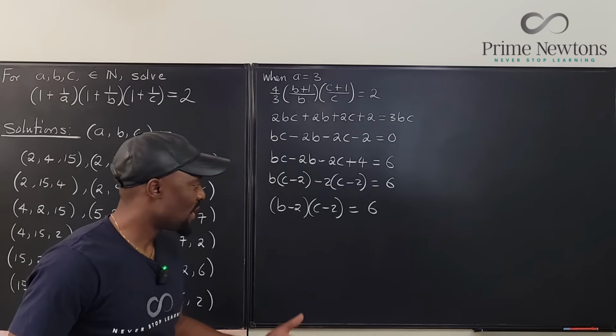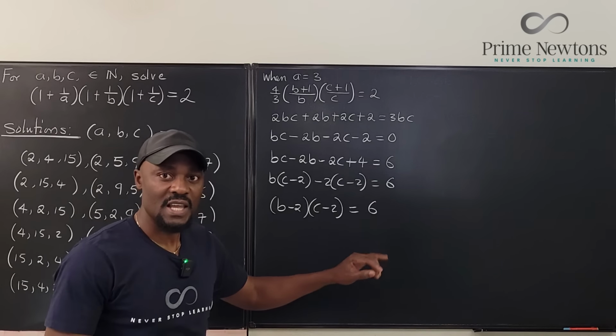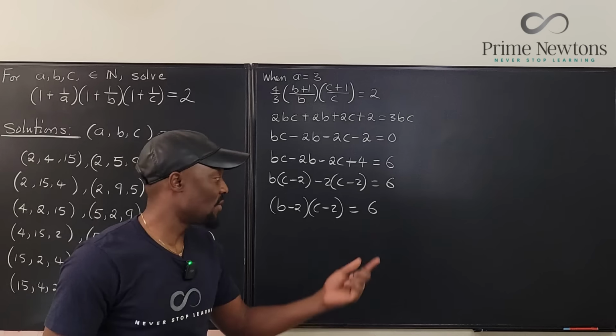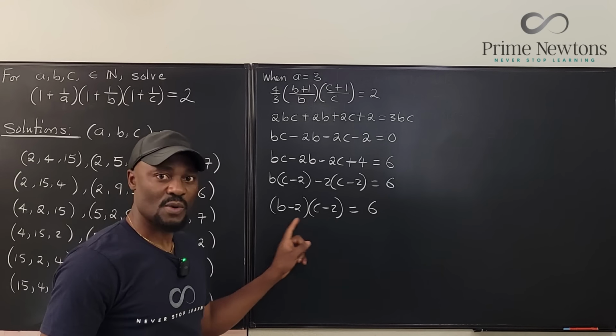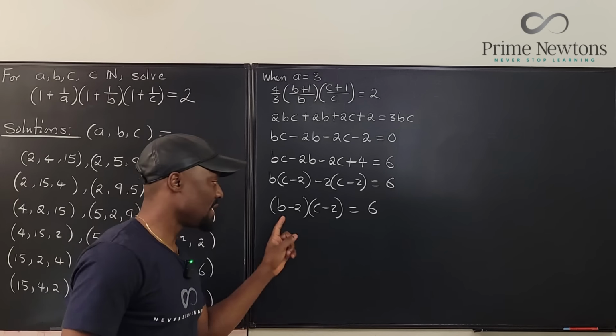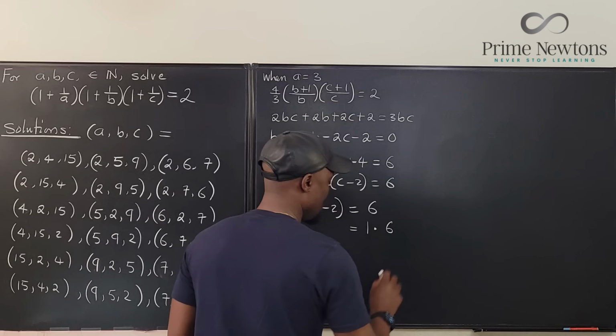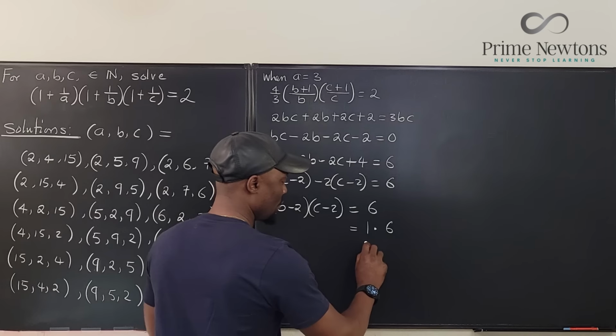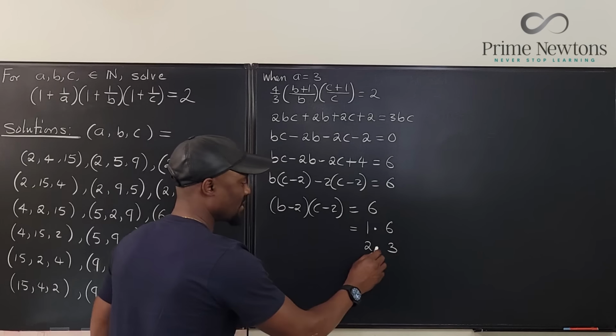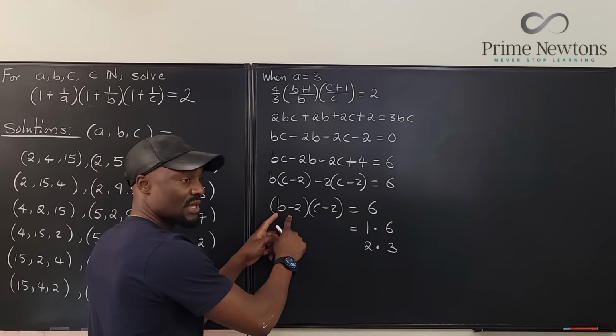So all I have to do is ask myself, what are the integer factors of 6? Distribute this way. Remember our assumption that B is less than C. So I'm going to do 1 times 6, and the same thing, I'm going to do 2 times 3. So I'm ascribing the smaller values to the B.